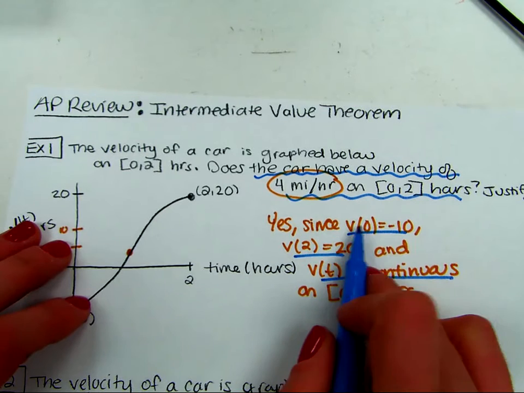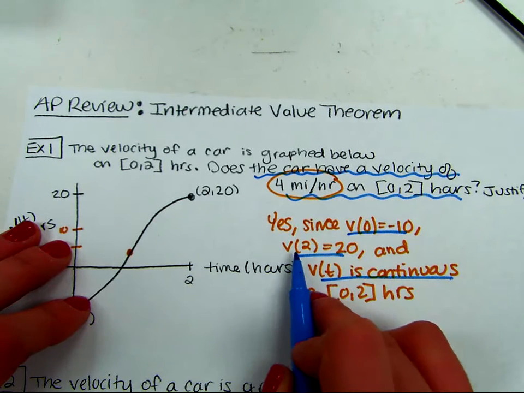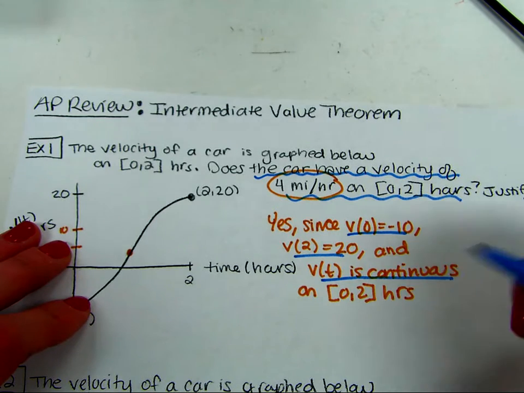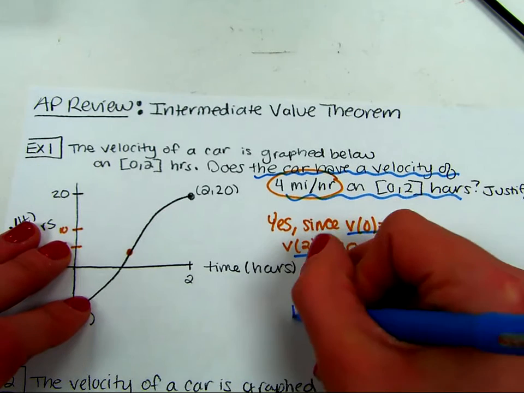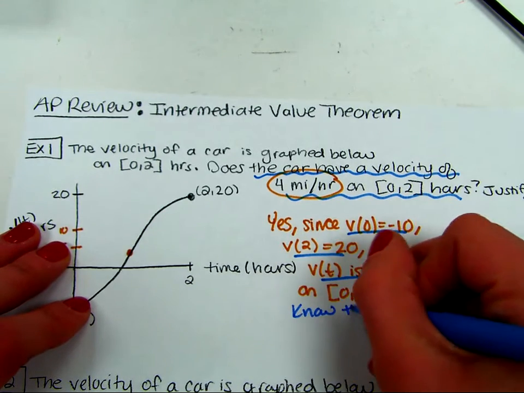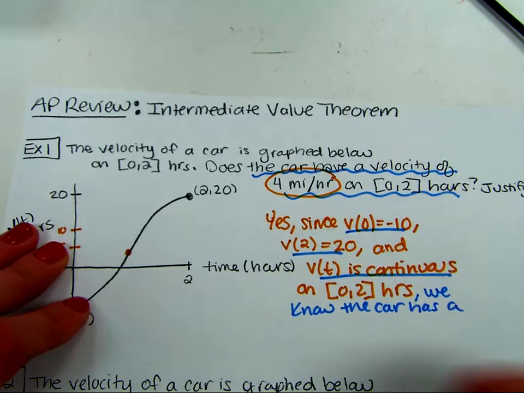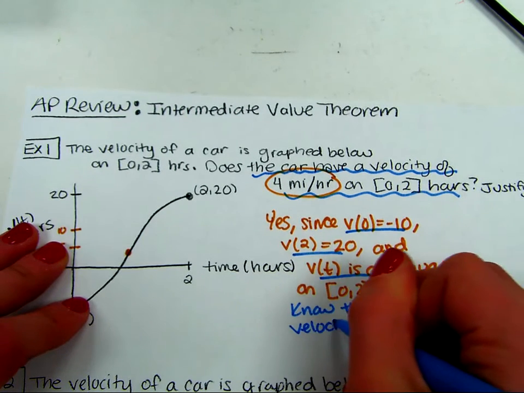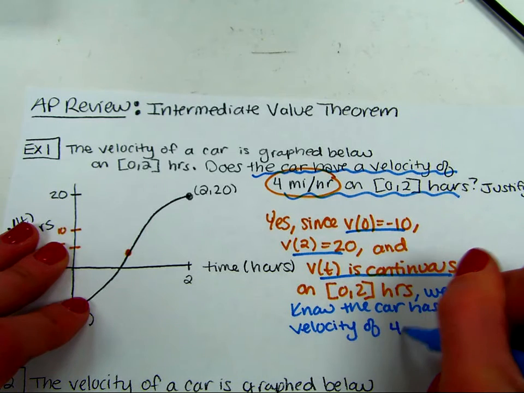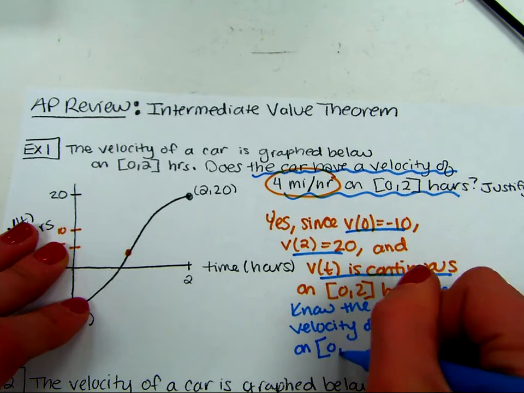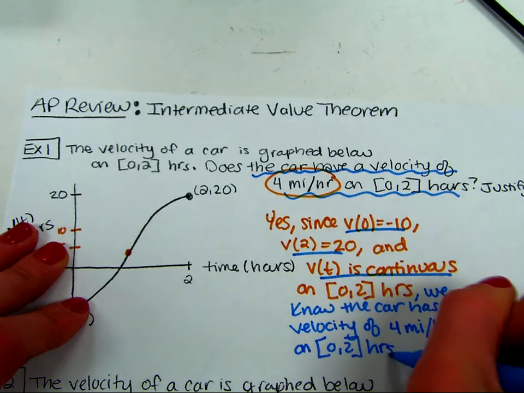So yes, since v of 0 equals negative 10, v of 2 equals 20, and v of t is continuous on 0 to 2, we know the car has a velocity of 4 miles per hour on the interval 0 to 2 hours.